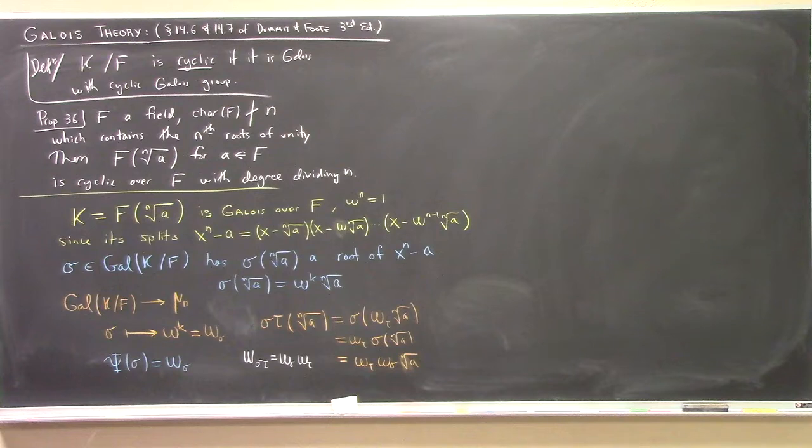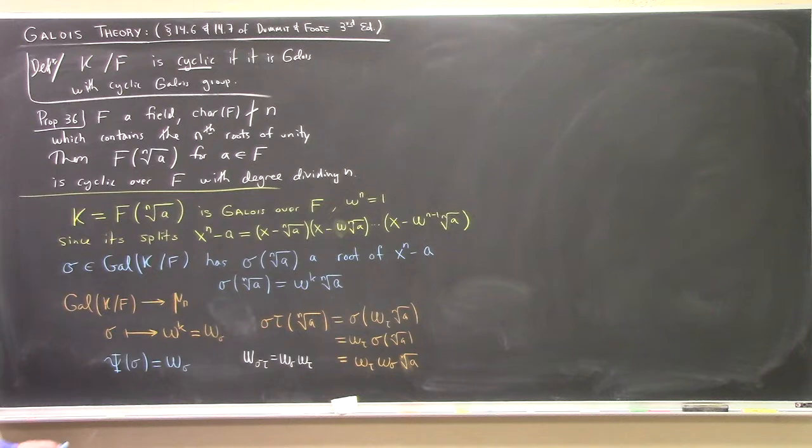In my k notation, it's omega to the n minus 1. He says the kernel consists precisely of the automorphisms which fix the nth root of A.